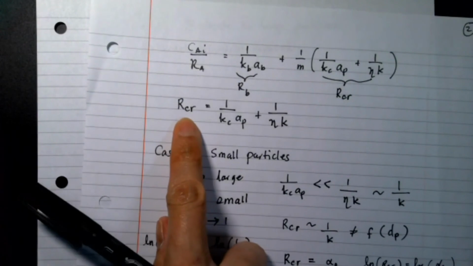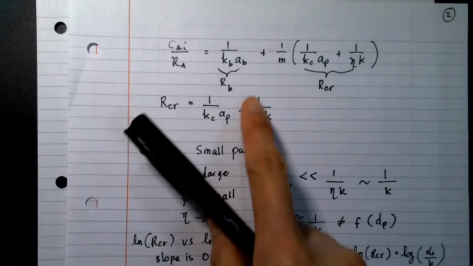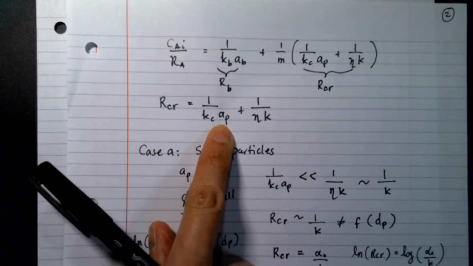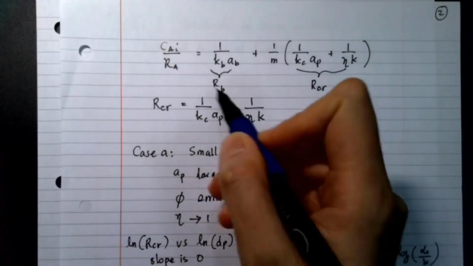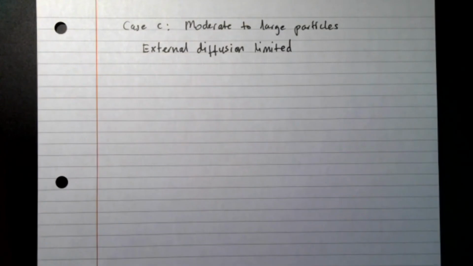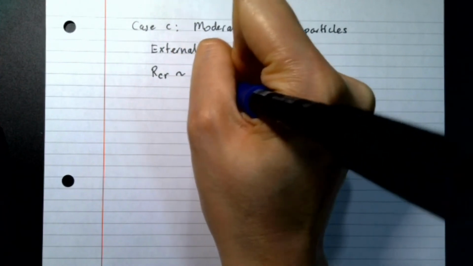So now our combined resistance, RCR, is approximately equal to 1 over KCAP. So we can drop this term because for large particles, the external surface area, AP, is small. So this term here is significantly larger than this. So we can write RCR approximately equal to 1 over KC AP.